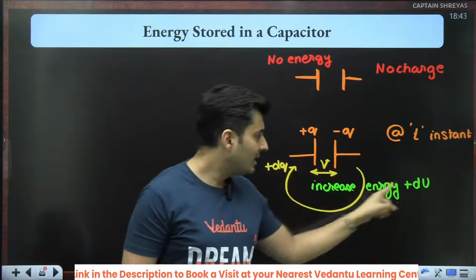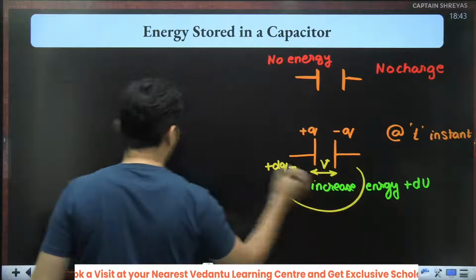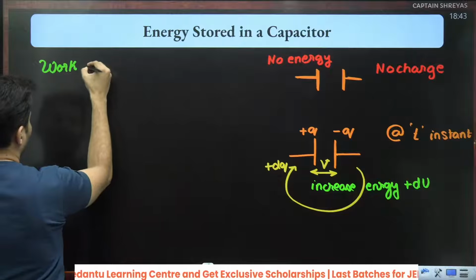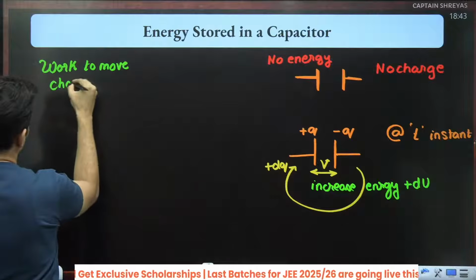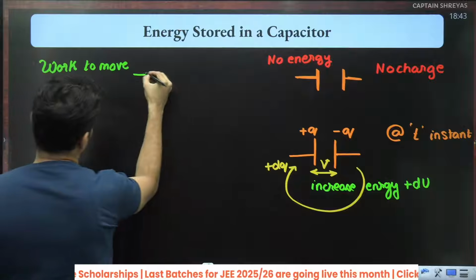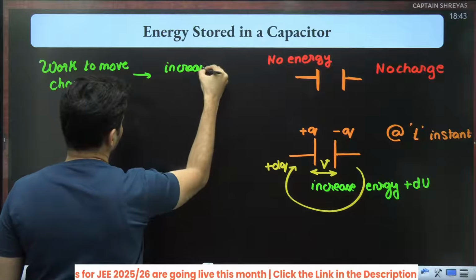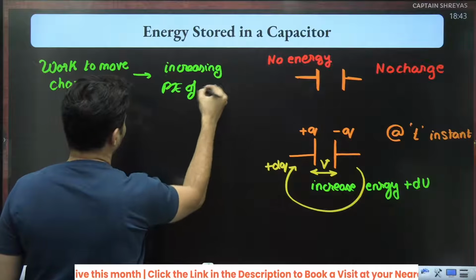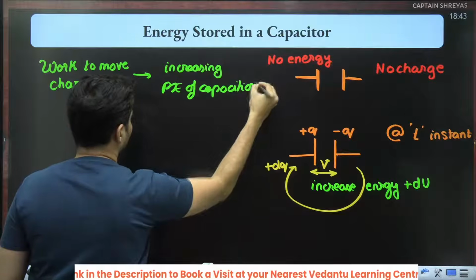The potential energy increases. Exactly what is happening. So can I also say the work done to move the charge gets stored or goes into increasing the potential energy of the capacitor.